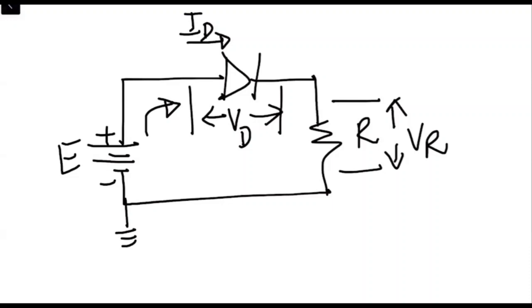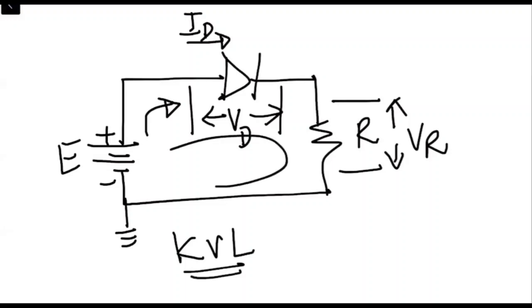First of all, if we apply KVL to this circuit, applying KVL in a loop, what are we going to get? E is equal to VD plus VR.